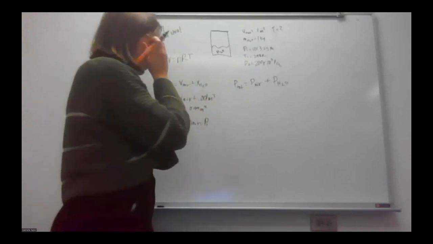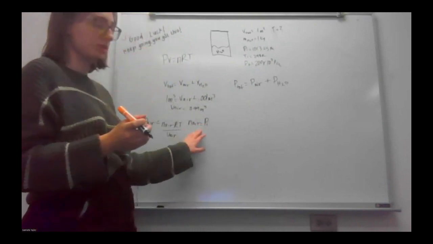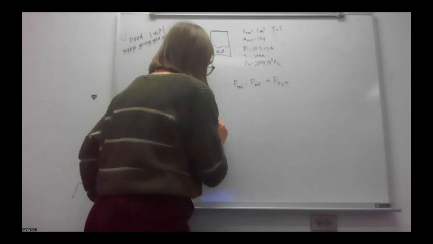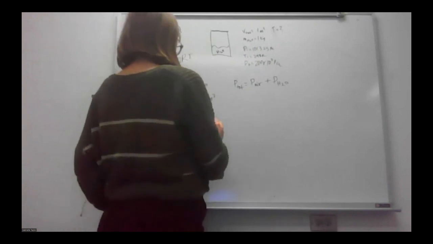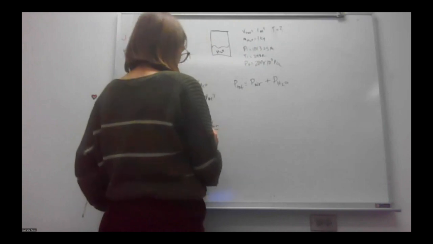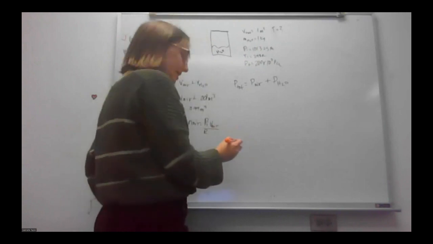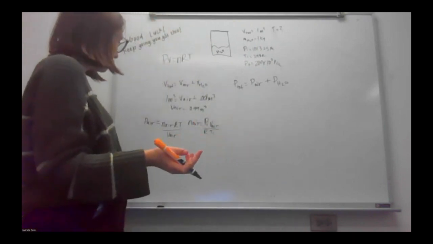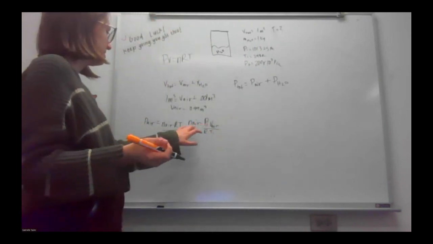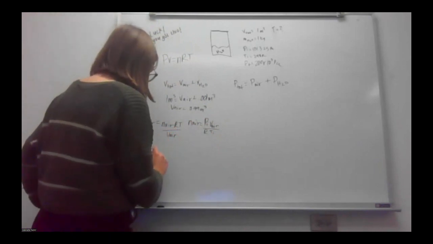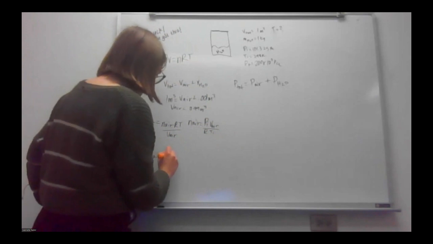Our pressure is the initial pressure, because we want to figure out how many moles there are, times the volume of air over our R constant and the initial T. When we plug this in, we get some cancellations.